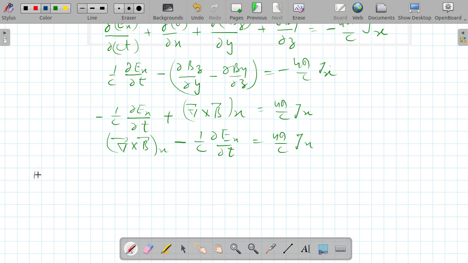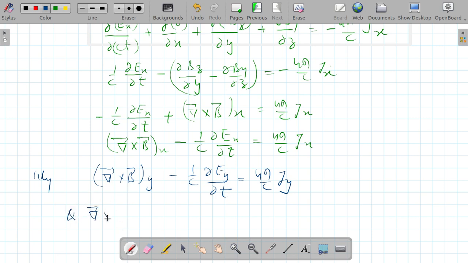Similarly, we can write (∇×B)y − 1/c ∂Ey/∂t is equal to 4π/c Jy, and (∇×B)z − 1/c ∂Ez/∂t is equal to 4π/c Jz.